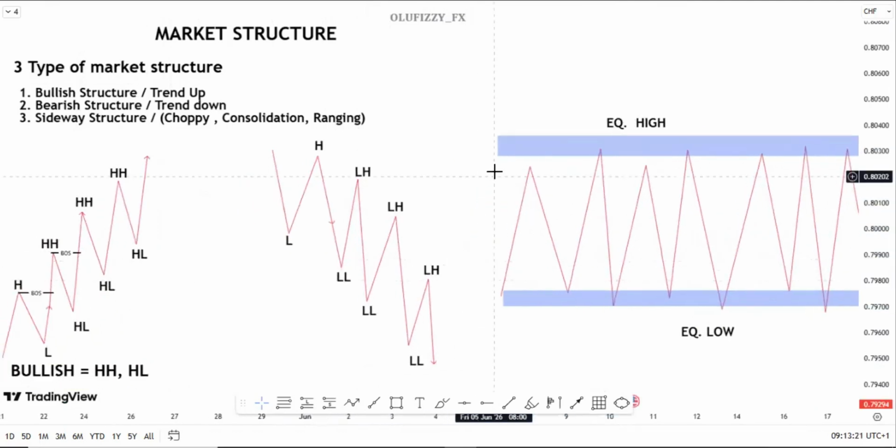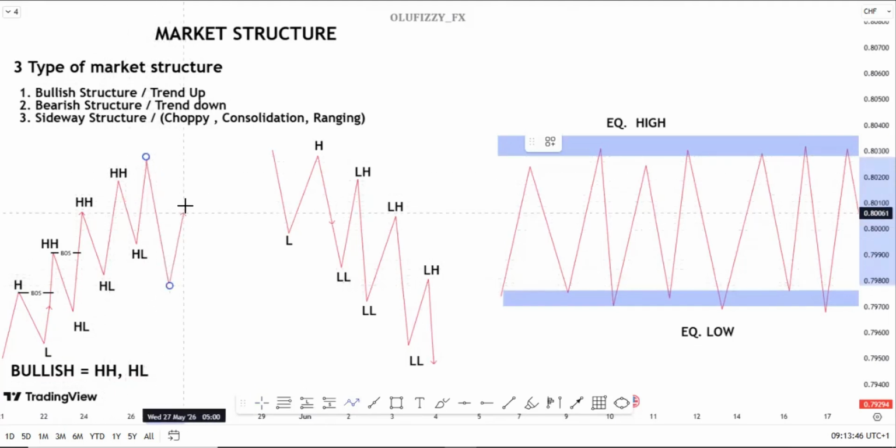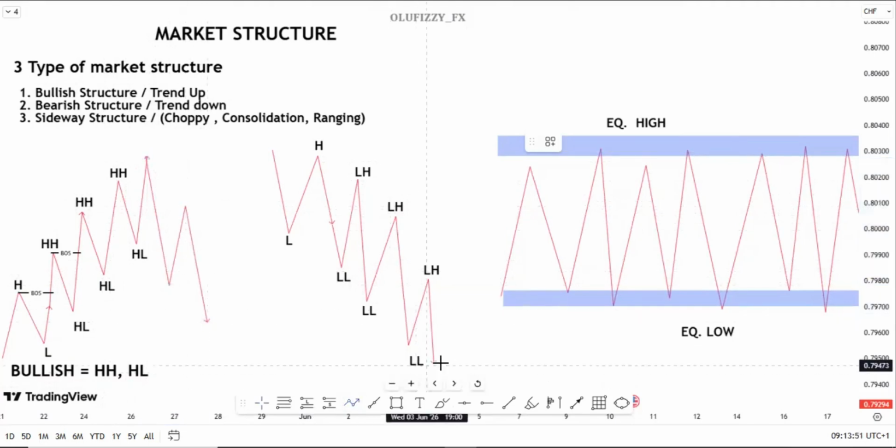I don't want this video to be too long, so I'm going to make another video about break of structure. Market structure shift or change of character is the same thing. I'm going to make another video for you to understand better about this break of structure, and when the trend wants to change from a bullish to a bearish market condition, or from a bearish to a bullish.